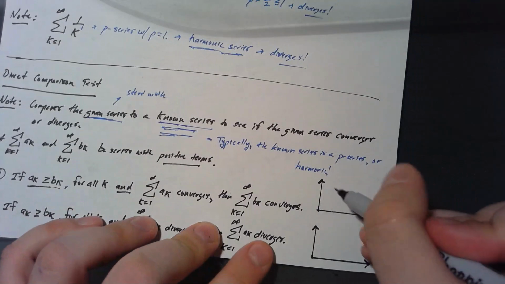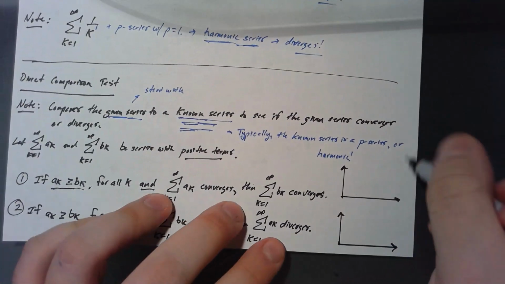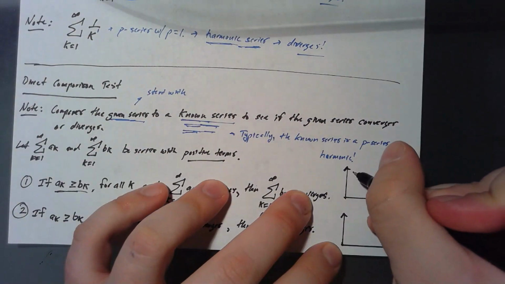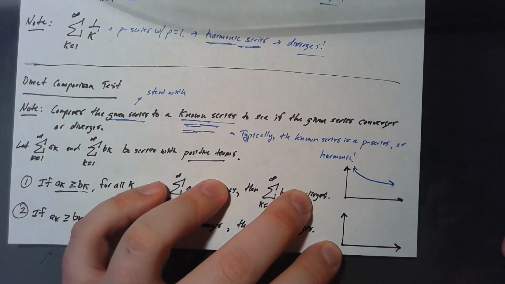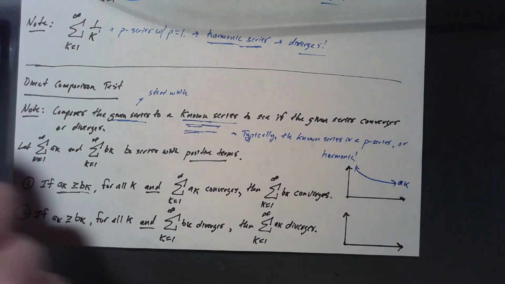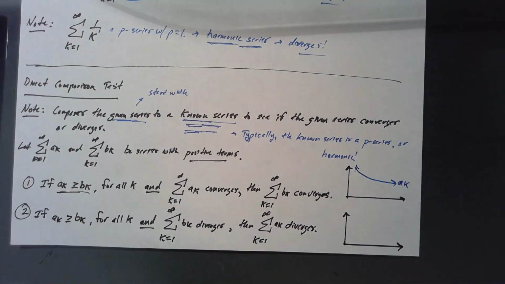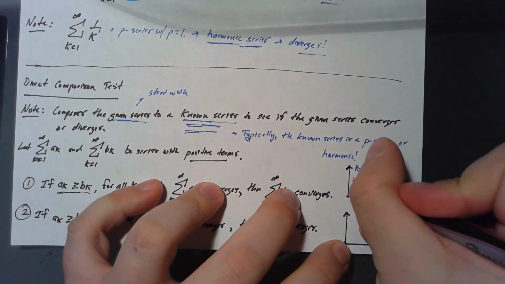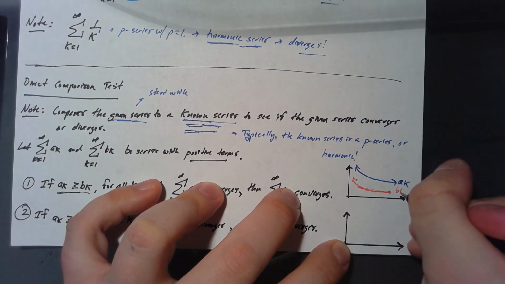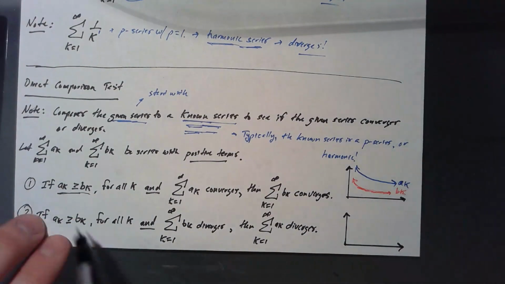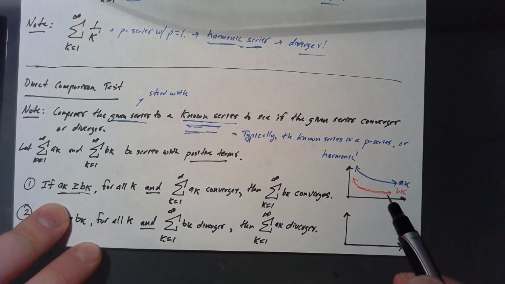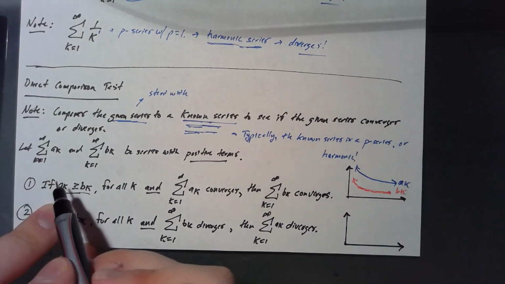So if I drew two series on this coordinate system, let's say this graph represents the series a of k, and let's say this one represents b of k. I know this is true because a of k is greater than b of k, so that means a of k is going to be above this one.